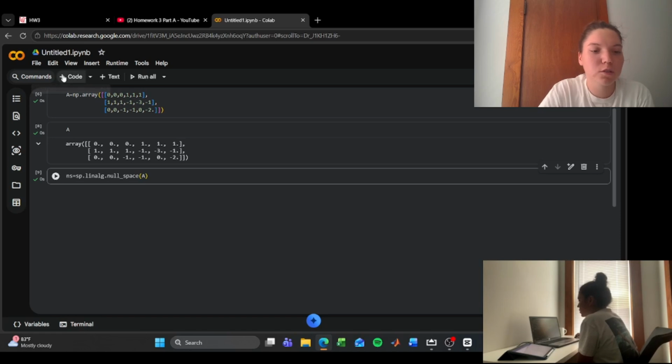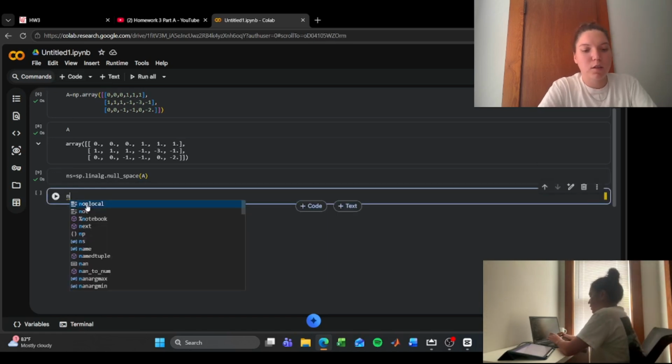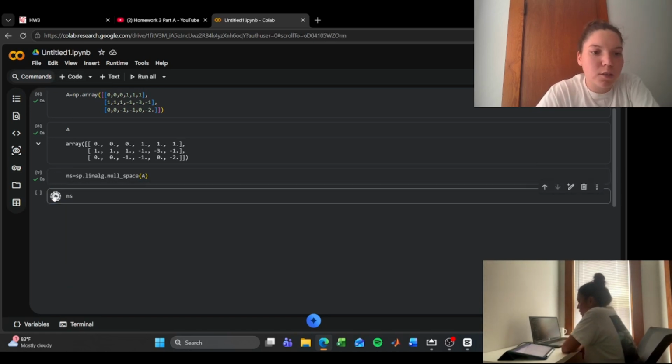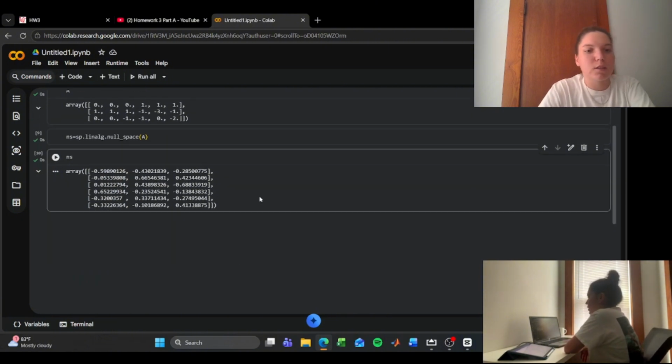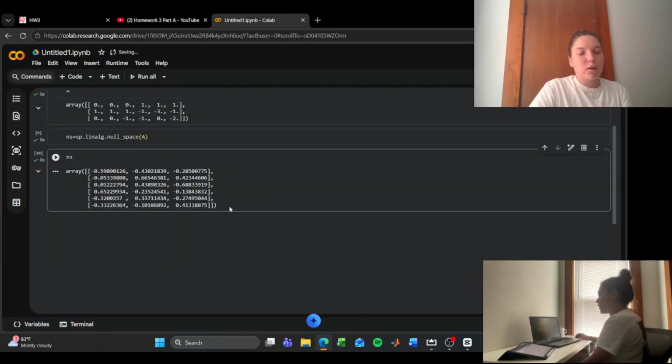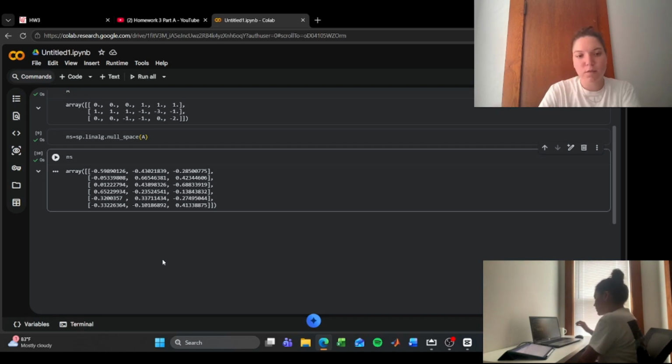Cool, so that works. And the null space, there it is. So these values here satisfy the dot product to get us our dimensionless numbers, which is the goal of the Buckingham Pi as well.